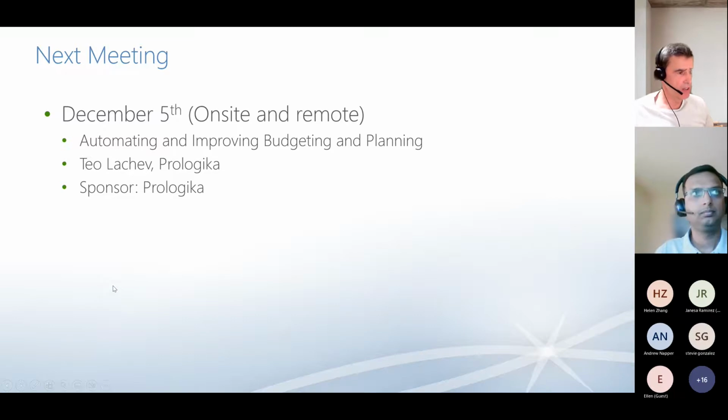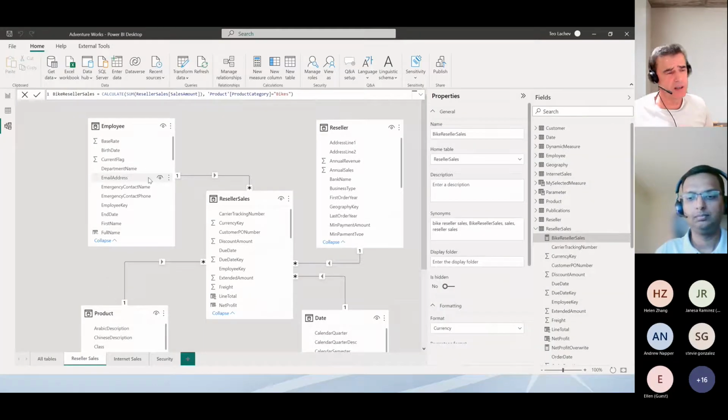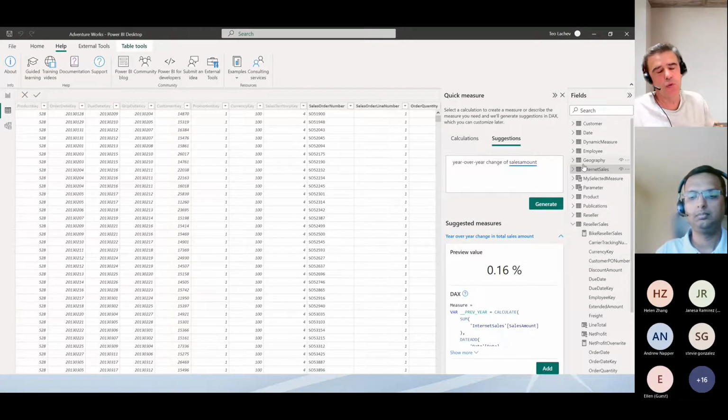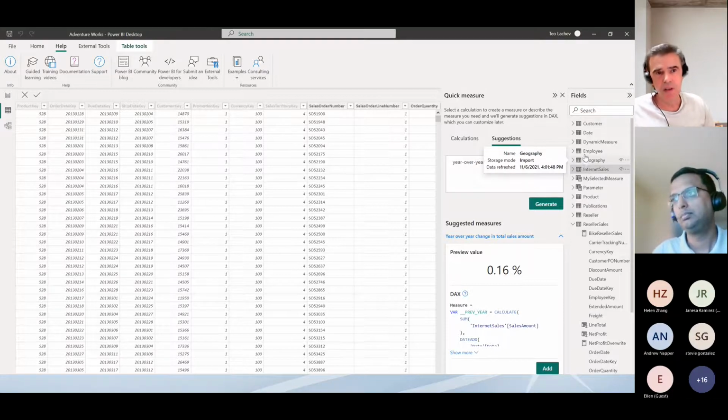The last thing that I want to show you here is the last new feature, which is quick measures, but with a twist. You guys maybe know that, to help you get started with Power BI, Microsoft packages some formulas in what they call quick measures.